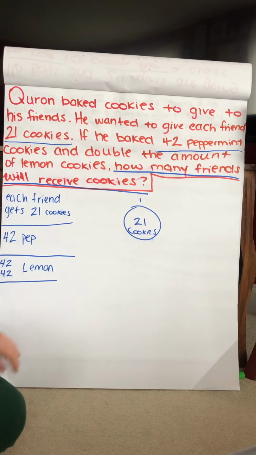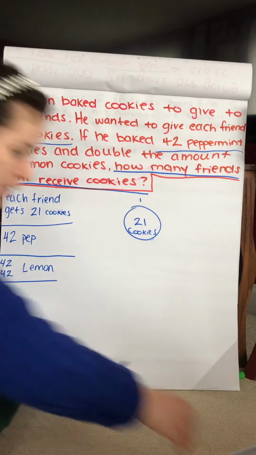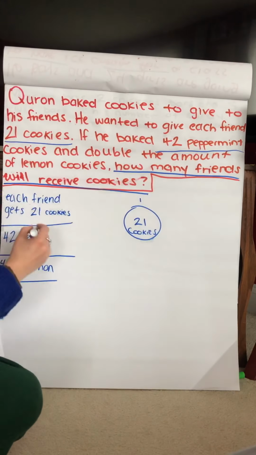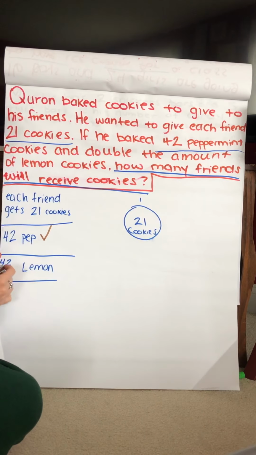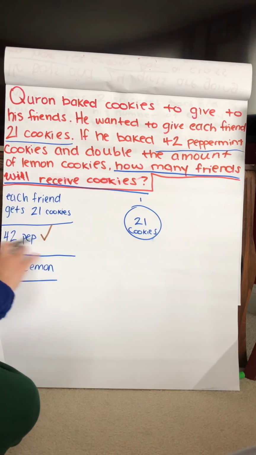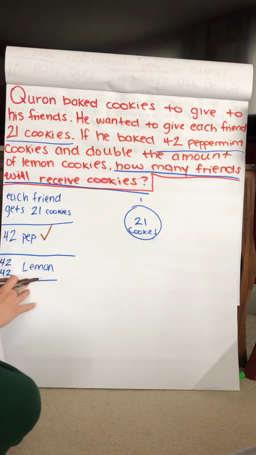So I'm already making my life easier. 21 for my first friend, and now I have to go back. I know I have 42 peppermint cookies. This is information that I already know. And I know that for my lemon cookies, I have 42 and 42. The reason I have 42 and 42 for the lemon cookies is because I doubled the amount of peppermint cookies to figure out how many lemon cookies I had.